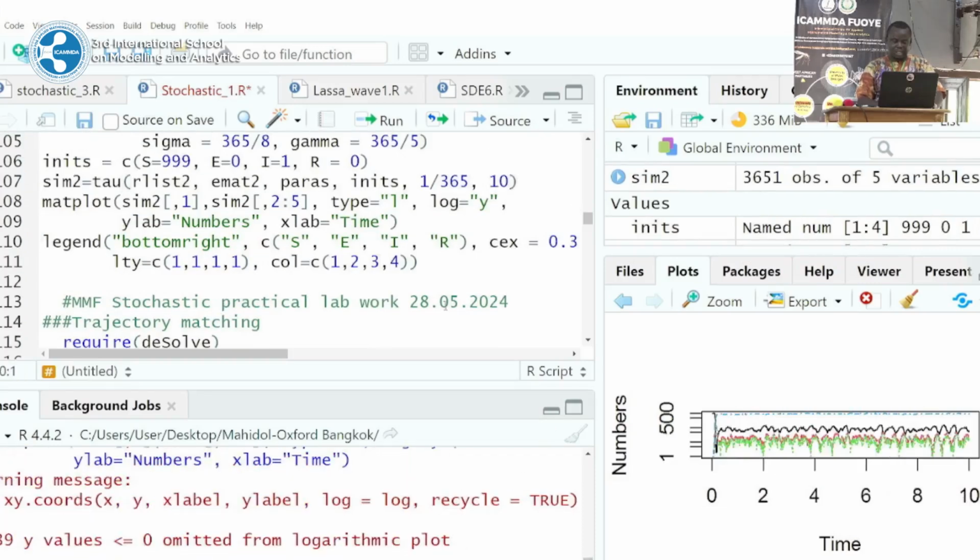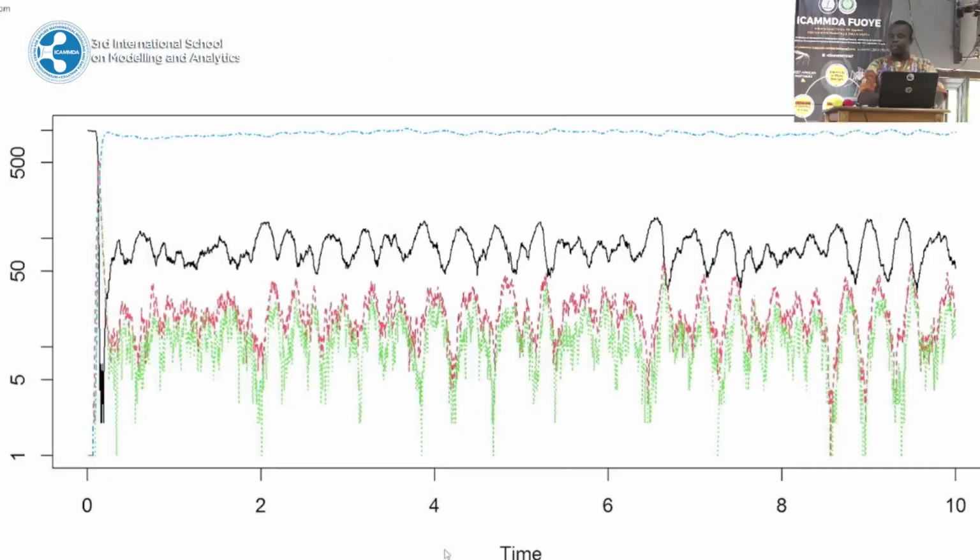Changing. You see? It was 10 now. You see the change? This is highly chaotic. Everything is changing there.